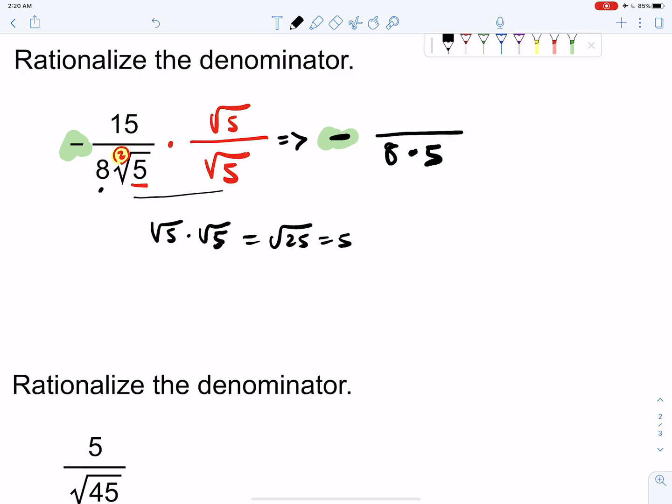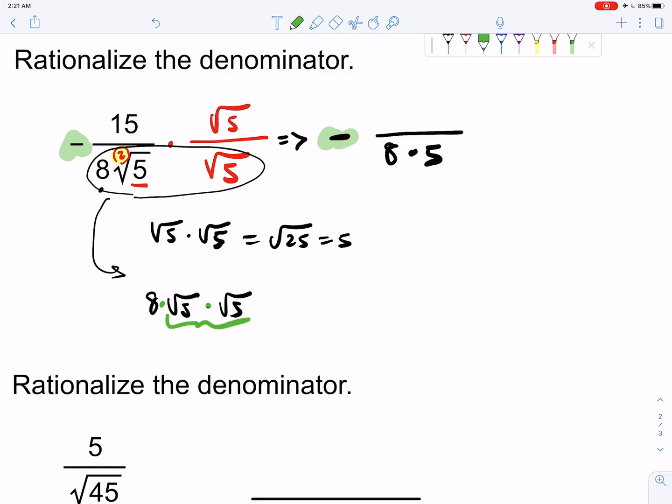If I were to show my work a little better, a lot of times you don't show quite as much work because you start doing some of the stuff in your head, but that would be 8 root 5 times root 5. All of these are being multiplied, so let's just multiply those two.